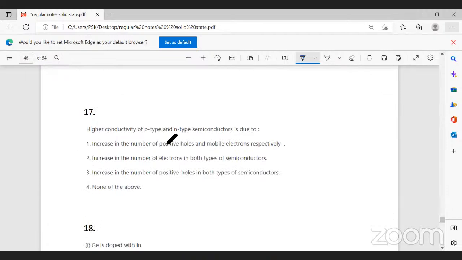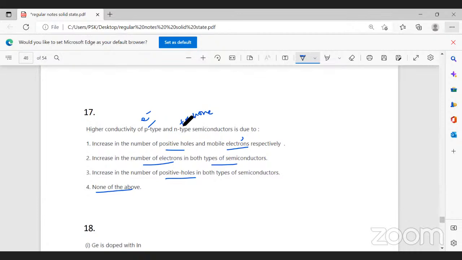Higher conductivity of P-type and N-type semiconductors is due to increase in number of positive holes and mobile electrons respectively; increase in number of electrons in both types of semiconductor; increase in number of positive holes in both types of semiconductor; none of the above. In N-type, electrons are increasing, and in P-type, positive holes are increasing.